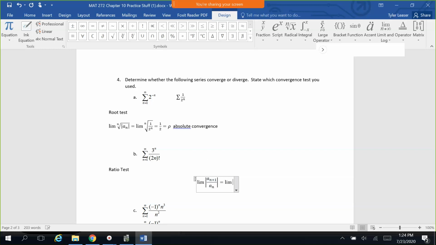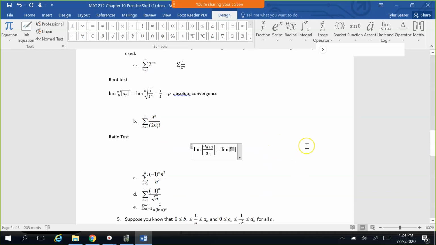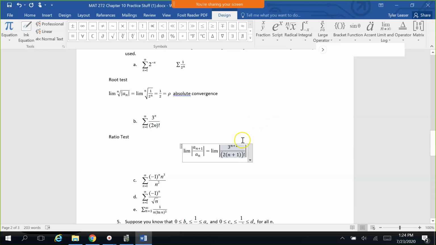So for us, it'll be the limit of the absolute value. Because this is a fraction, I'm going to do that thing that we normally do by writing it as the n plus 1 term and then multiplied by the reciprocal of the nth term. So 3 to the n plus 1 divided by, and we have to be really careful about how we plug the n plus 1 into that factorial down here.